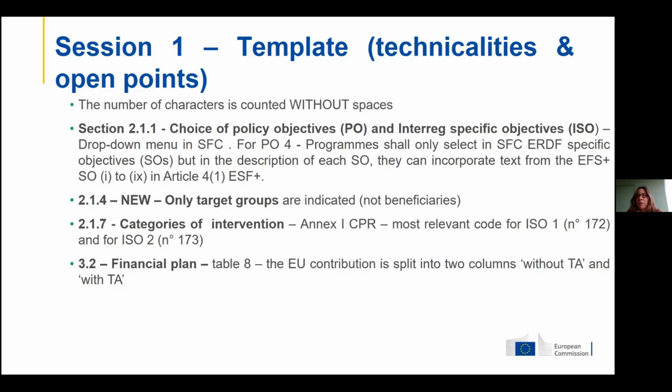Here, when looking at Annex 1 of the Common Provisions Regulation, we feel that the most relevant codes for the Interreg specific objective on better governance would probably be 172, which is enhancing institutional capacity of public authorities and stakeholders.